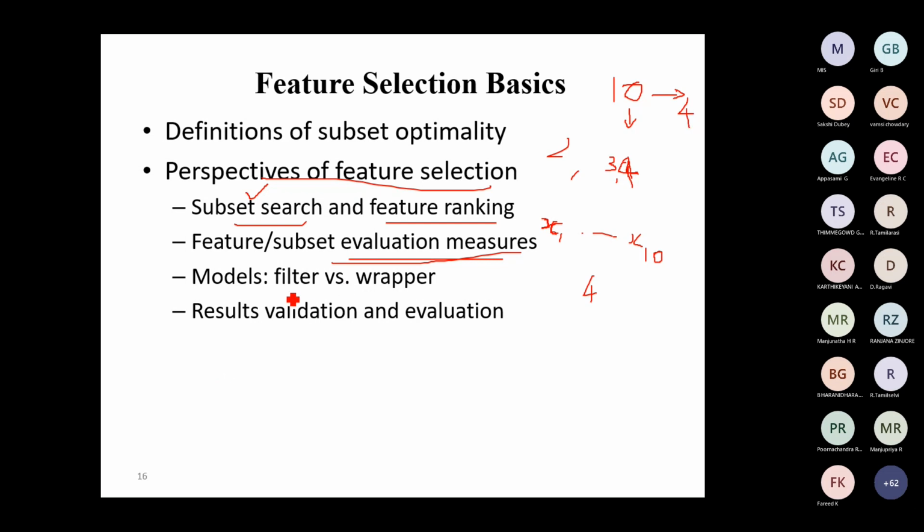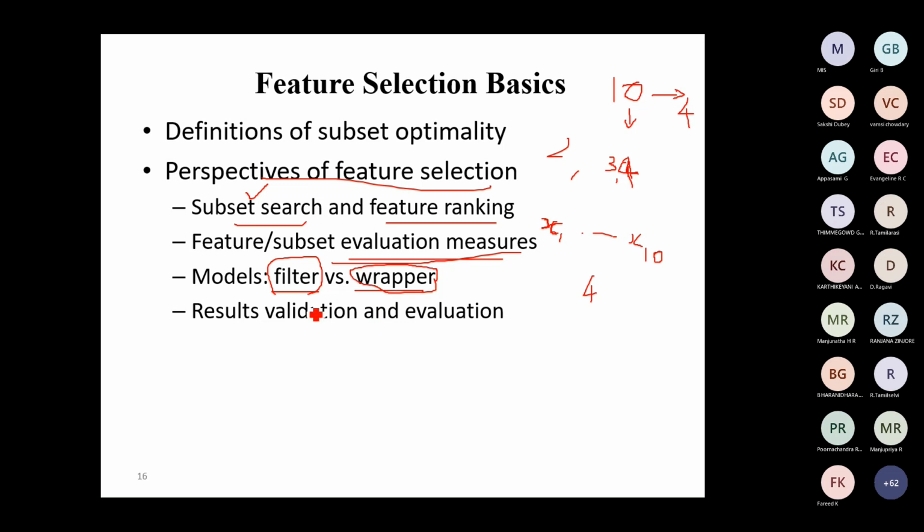We have various models called filter and wrapper based models. We'll discuss them in detail. Filter models are independent algorithms without any classification algorithm. A wrapper uses a classification algorithm; it wraps over a classifier, so that is called a wrapper method. These are the two basic methods, filter and wrapper.